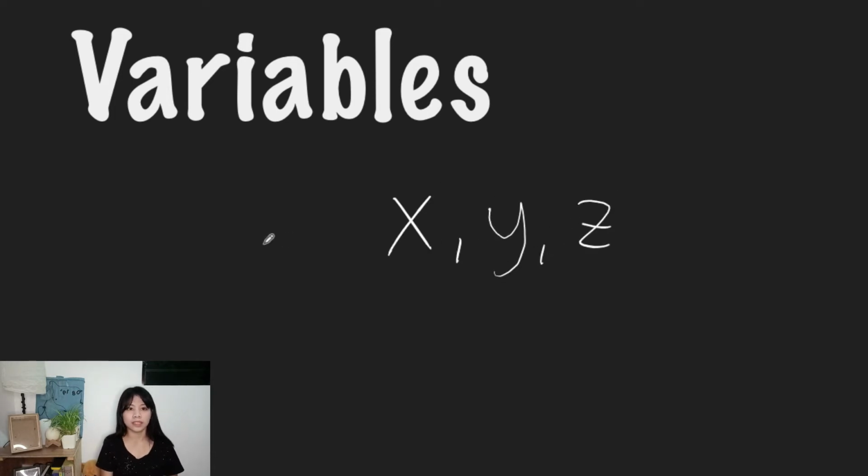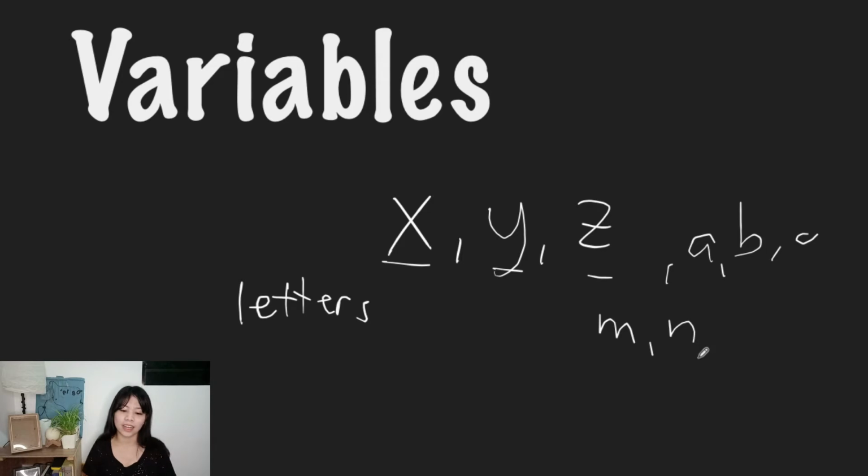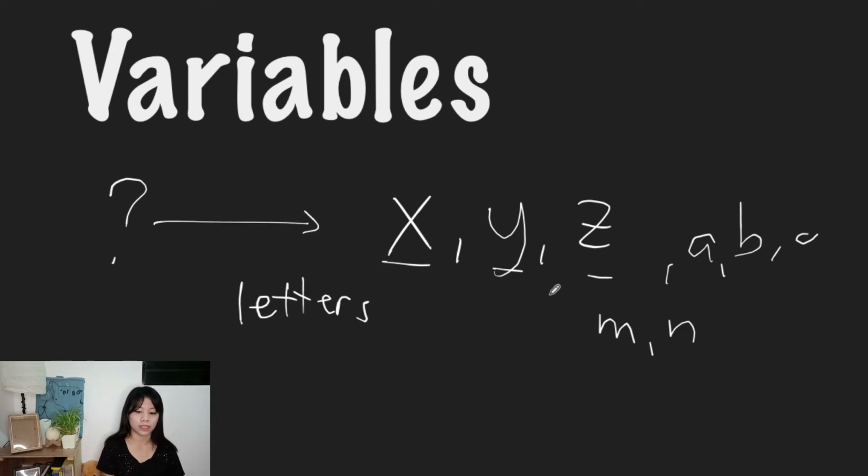We use literal coefficients or mga letters. Pero commonly, ang ginagamit talaga natin ay x, y, z, a, b, c, or m, n. Yan, any letter ng alphabet. So, those are variables. Kasi, ibig sabihin, imbis na question mark yung nilalagay natin, ginagawa natin siyang x, y, z to represent yung ating mga unknown.